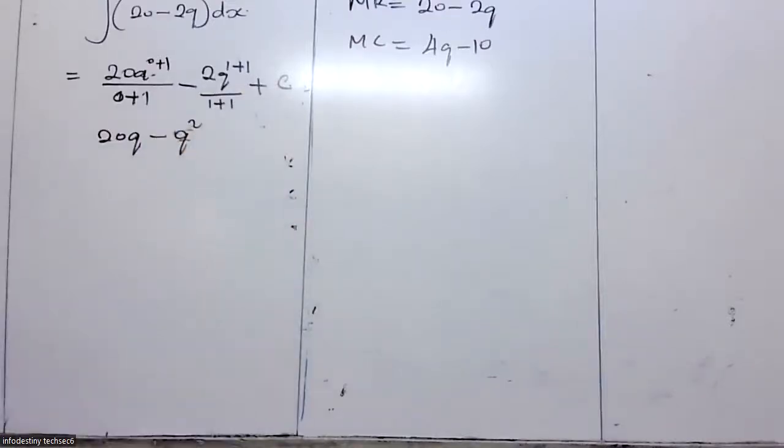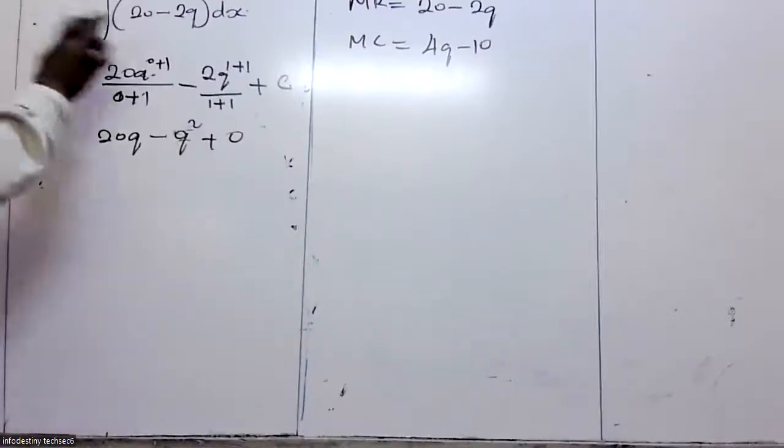For total revenue, the constant equals 0, so plus 0. Now we have the total revenue.